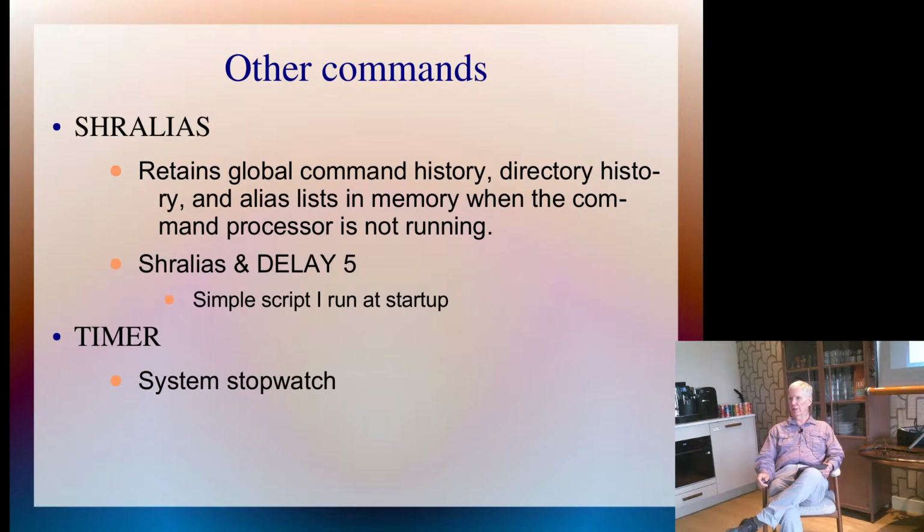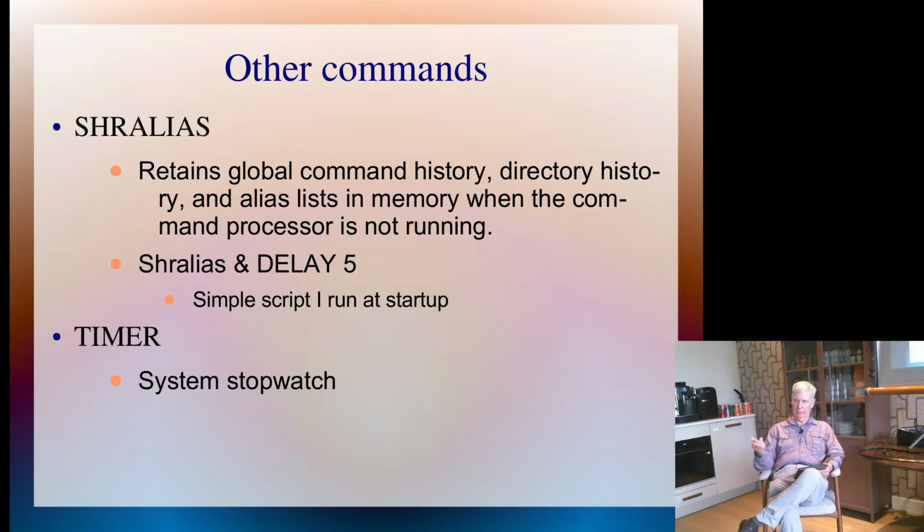That's because if you close all your sessions, your alias list goes away, so these are the ones you can share between them. And also the histories go away that you can share between the different processes. If you run share alias at the beginning, even if you close all your 4OS2 sessions, the next time you open one, they'll still be there because it saves them and reloads them.